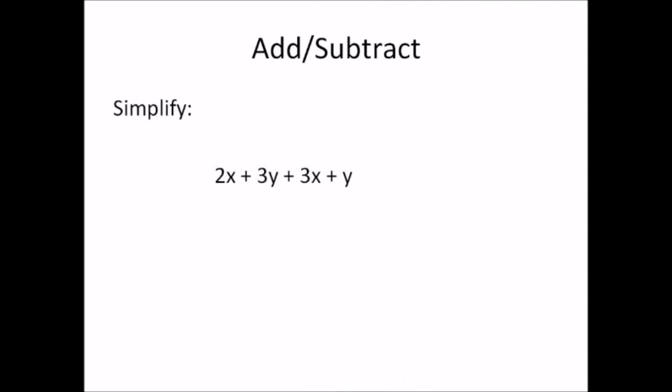And simplify. 2x plus 3y plus 3x plus y. Now this is where you have to group like terms. So you can add your x's and then you can add your y's and write your answer as an expression. Go ahead, get it done. And we will move on.